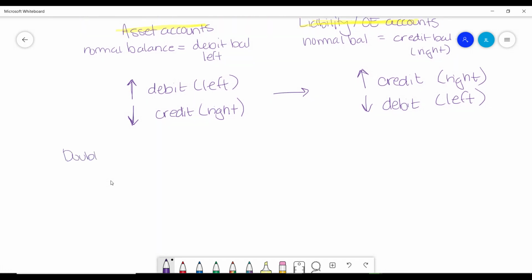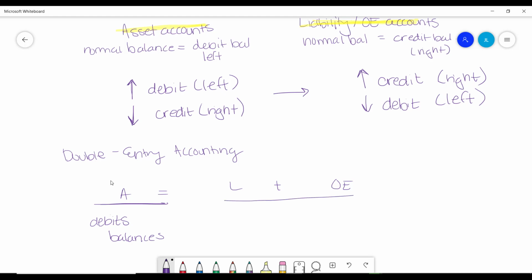And now we're going to learn about how to journalize. We're going to be employing a double entry accounting system or accounting approach. When we look at the accounting equation, assets normally have what kind of balances? Debit balances. So the debit balances on the left need to equal out with your credit balances on the right.